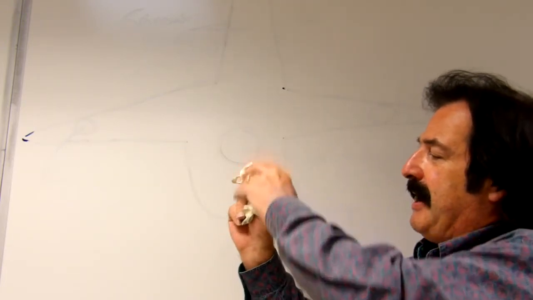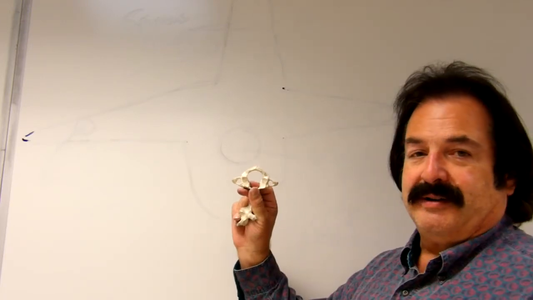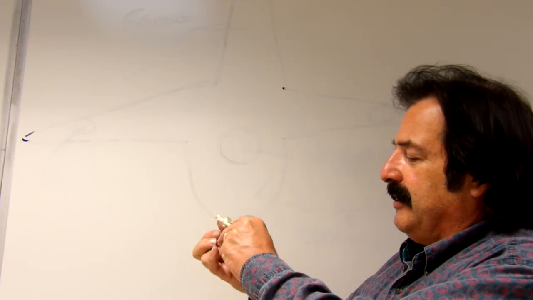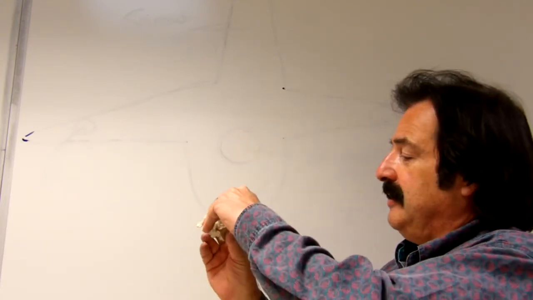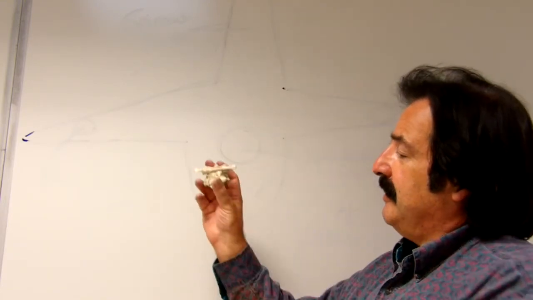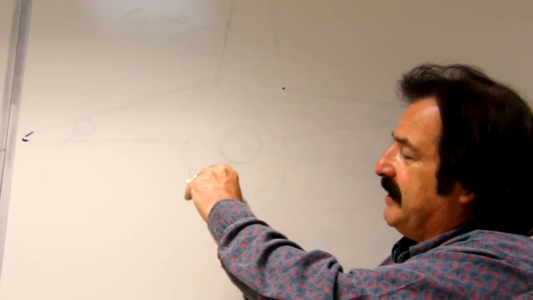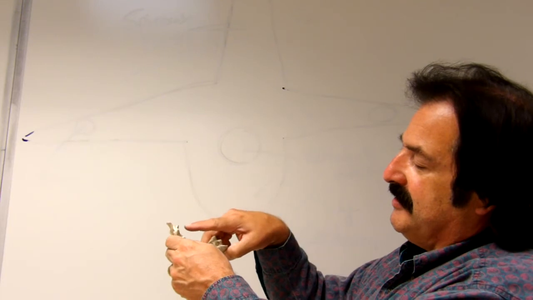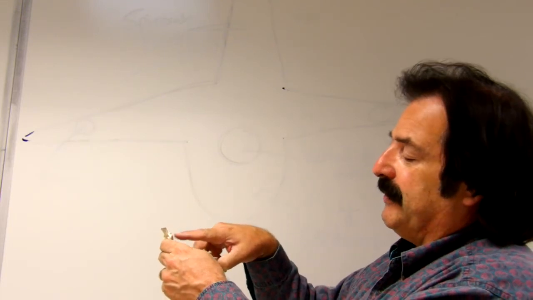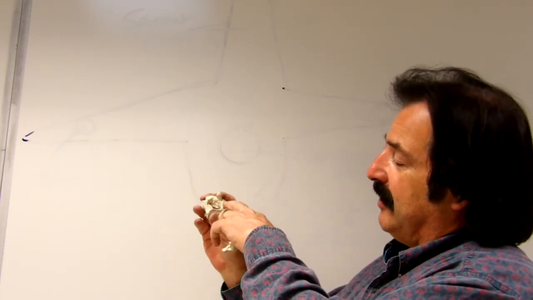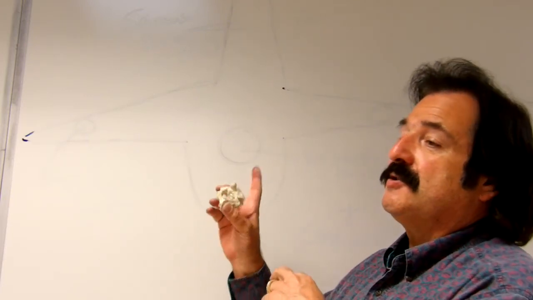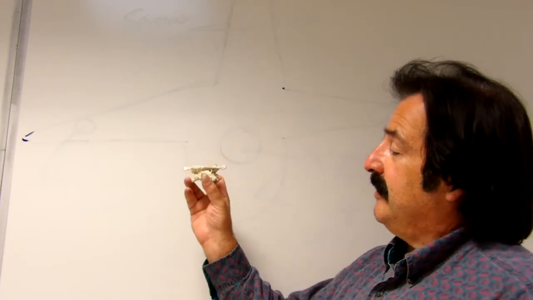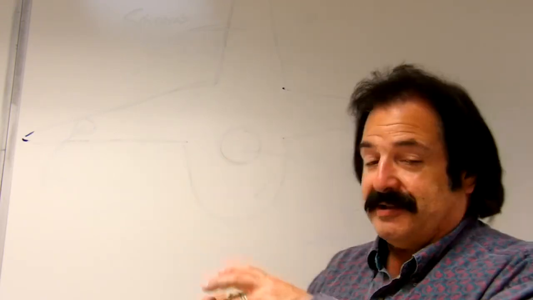But if I look on the bottom, there are inferior articulating processes. That means another vertebra, C2, fits right there. In other words, we say that C1 articulates with C2 via C1's inferior articulating processes articulating at C2's superior articulating process, like that.